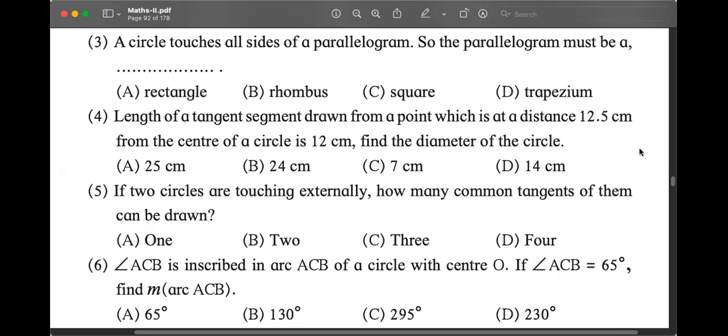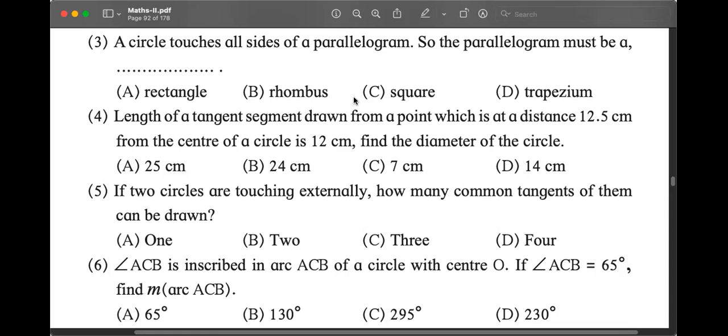We haven't studied quadrilateral this year at all. The focus is on triangle and circle. Quadrilaterals we studied last year. So it is highly unlikely to be a question, but for a circle to touch all sides of a parallelogram, let us try and see.